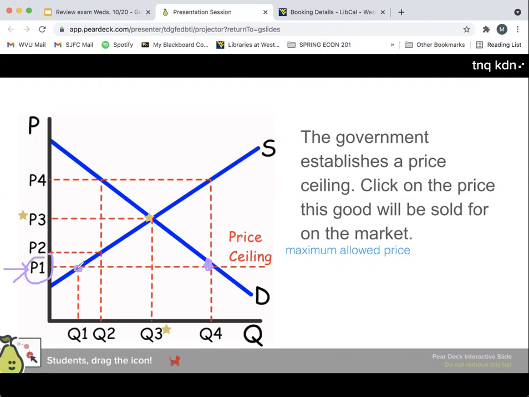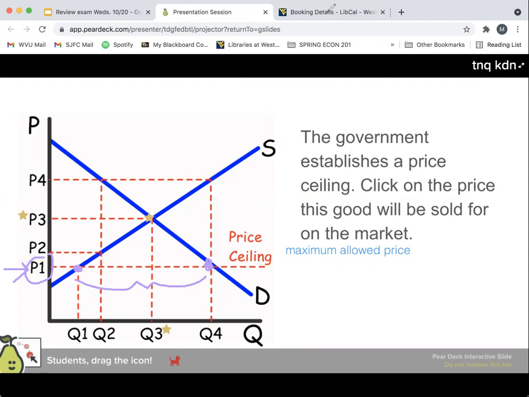Over here, at the price of P1, suppliers are going to start dropping out of the market. It's not worth it for those higher cost producers to stay in the market at such a low selling price, right? So in this case now of a price ceiling, we have right here, this is our shortage, all right?